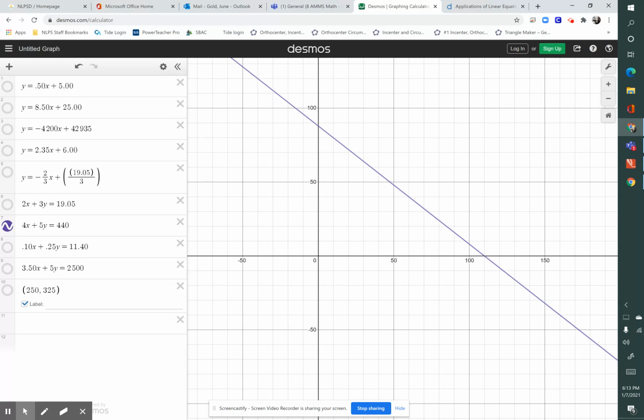Okay, any combination of points along that line that are divisible by 4 and 5 would give you any combination of tickets that they could have for advance tickets or tickets at the door that would result in $440 being sold. So any combination along here would work.